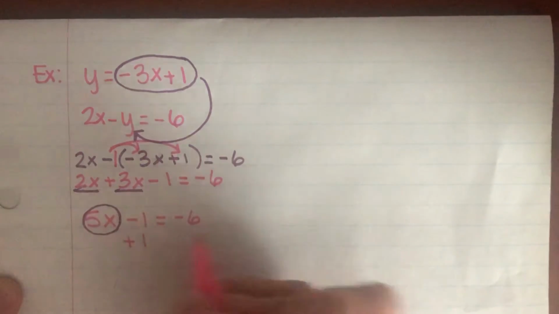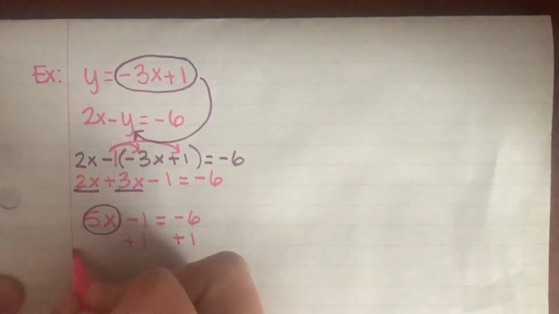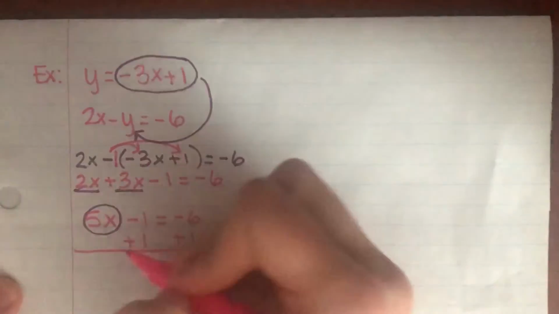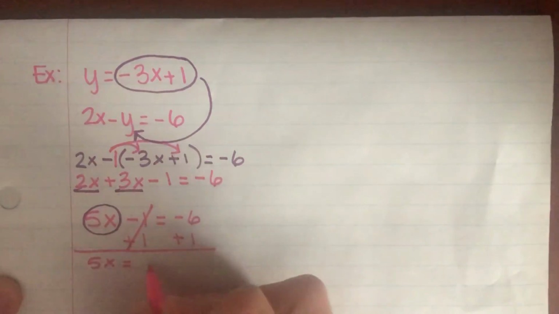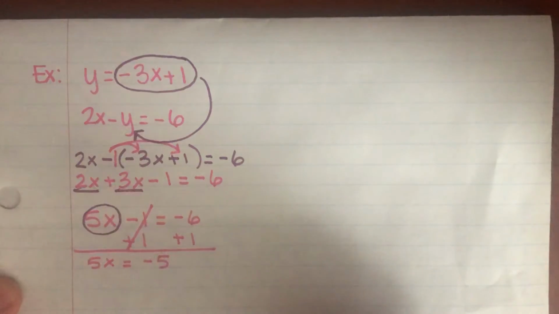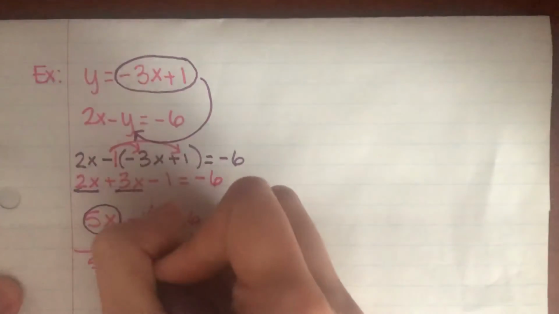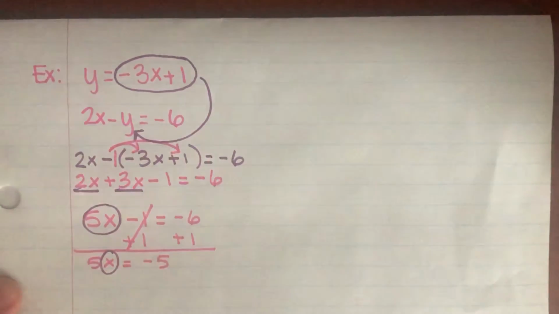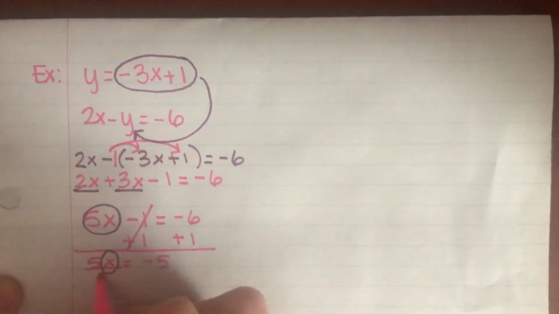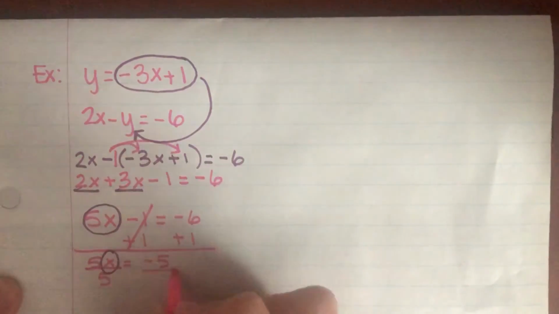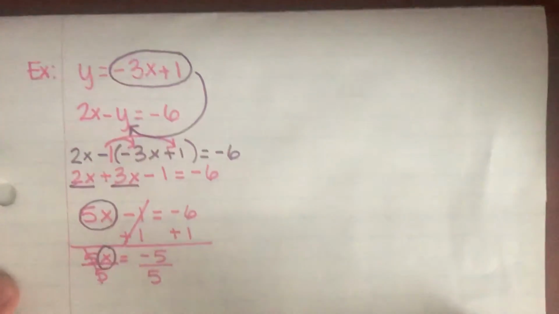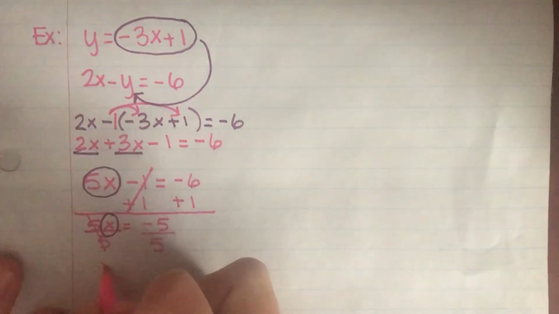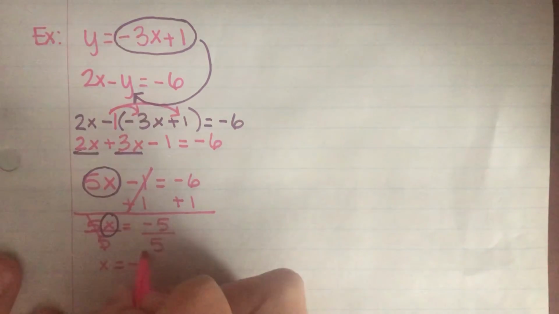Everything I do to one side of my equation, I have to do to the other side. My negative 1's cancel out, and we're left with 5x equals negative 5. Okay, and last, again, we want to isolate that x, so we divide by 5 on each side. My 5's cancel out, and I am left with x equals negative 1.